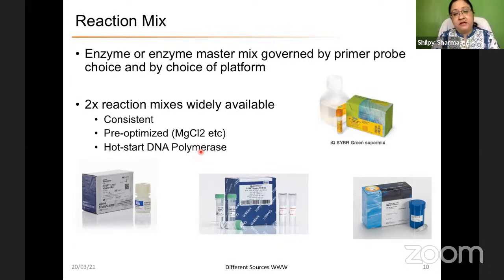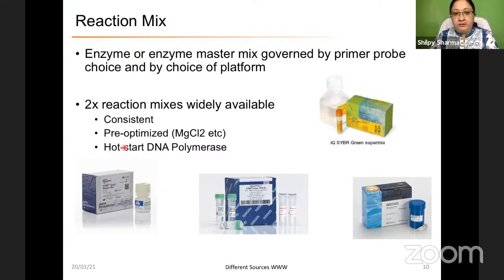So when you heat the reaction at 95 degrees Celsius for say 10 minutes, that subunit gets inactivated and your reactions can start. So basically you use a hot start DNA polymerase to avoid any non-specific amplifications in the PCR in the process of setting up the reaction. The reaction will only get started when you have a 95 degrees for 10 minutes denaturation.